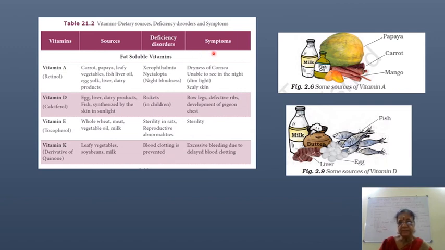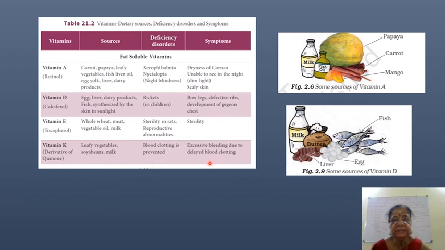Right? Then symptoms: in A, dryness of cornea, unable to see in dim light. Rickets gives bow legs, defective ribs, development of pigeon chest. Then sterility means fertility is affected.